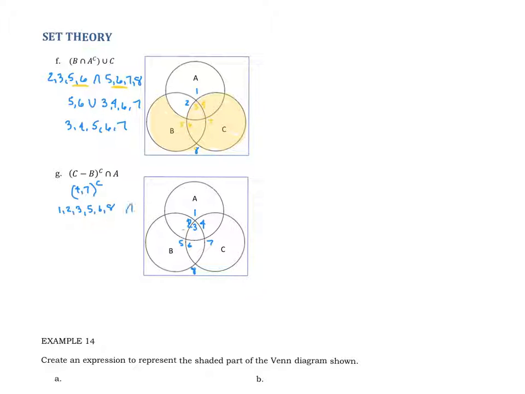And I want the intersection of that and set A, which was 1, 2, 3, and 4. So it might be pretty easy to see what they have in common on this. So we're just going to shade regions 1, 2, and 3. Go ahead and keep it on when I do that because it's not so much to shade this time.